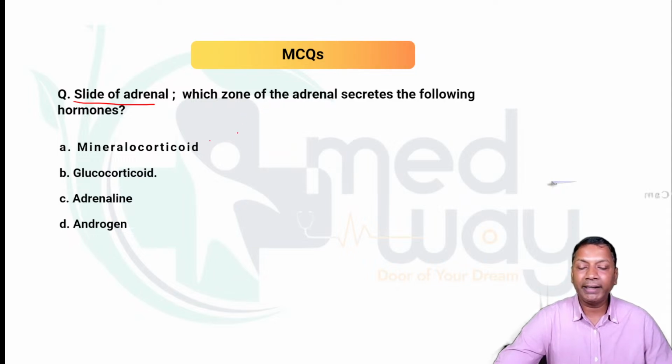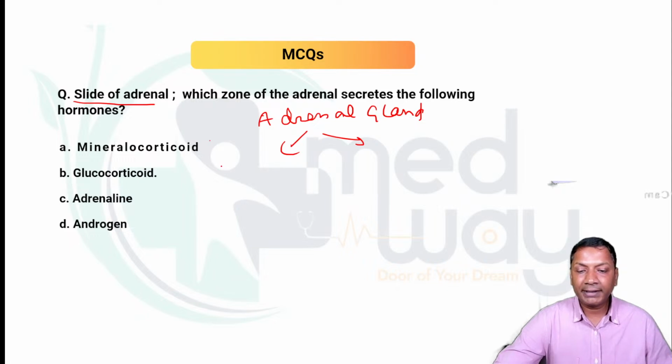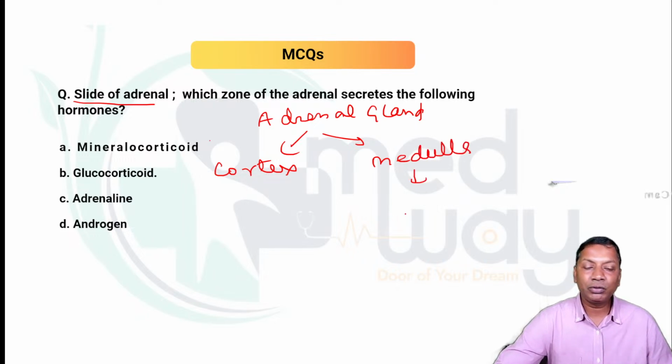I will tell you that the adrenal gland has two parts. The outer part is called the cortex and the inner part is called the medulla, and the medulla will produce the hormone epinephrine.